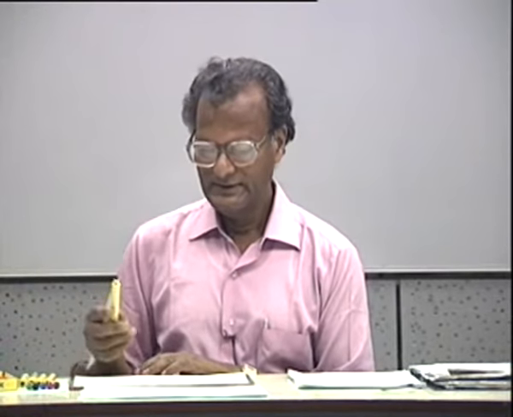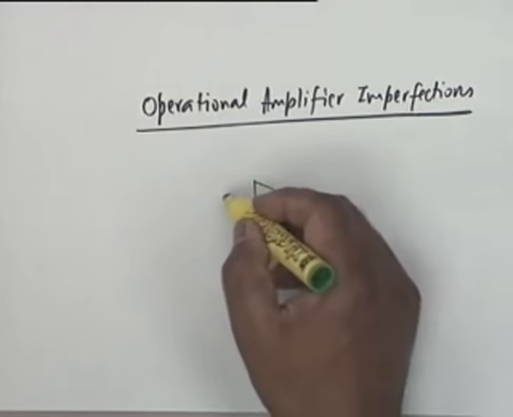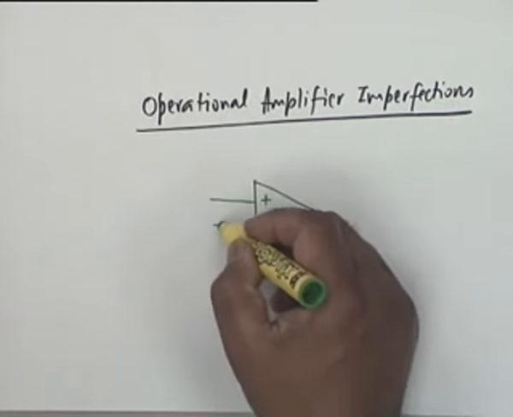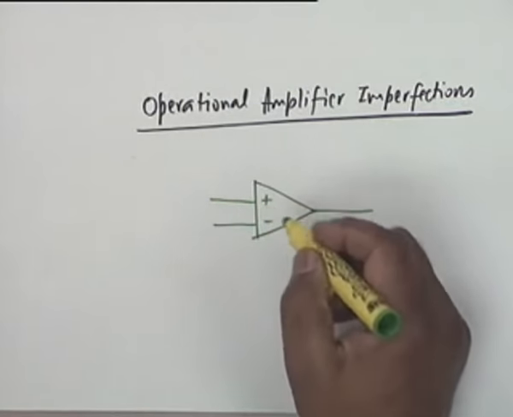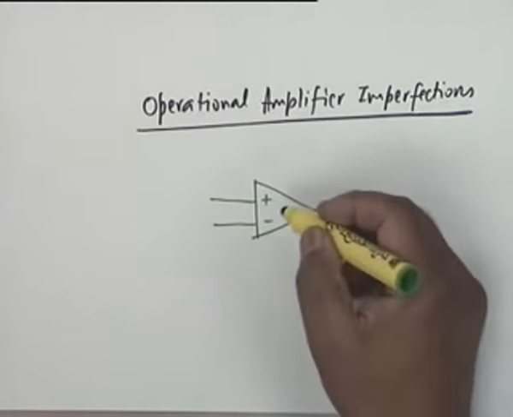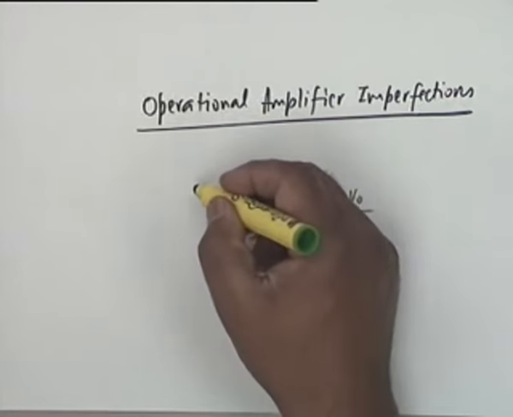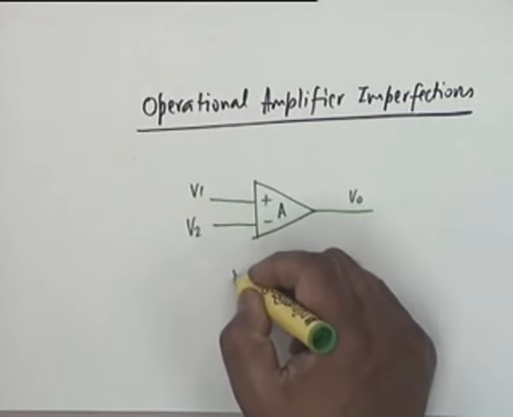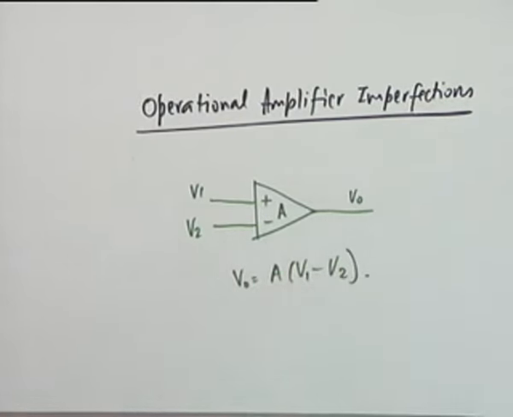As you have learnt earlier, it's very convenient to view an op-amp as an ideal device. There are two inputs, non-inverting input, inverting input. The gain is A, and the usual thing that you write is V0 equals A times (V1 minus V2).